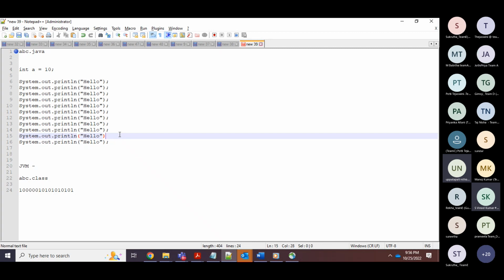Now in Java, the compiler name is JVM. The source code being converted to bytecode is done by the compiler, that's correct. But for the compiler, there should be some name, right? Some Subbarao, Pullarao, whatever Rao you want. You cannot put all different names, right? So these guys gave the name called Java Virtual Machine, JVM.